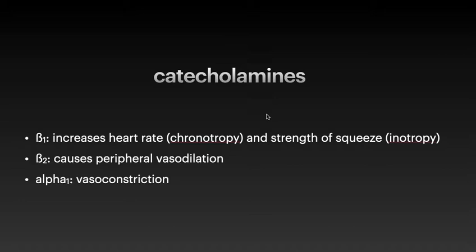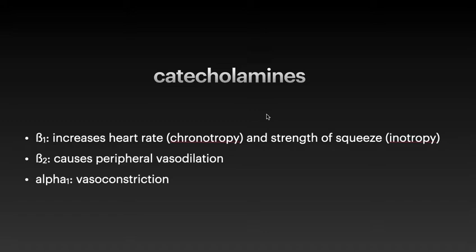And what that does for you is, because epinephrine stimulates beta 1, it causes your heart rate to increase. And not only that, but it causes the strength of each contraction to be greater. So it gives you essentially more blood flow. It causes beta 2 activation, which increases blood flow to all of your muscles in case you need to fight, run, whatever.